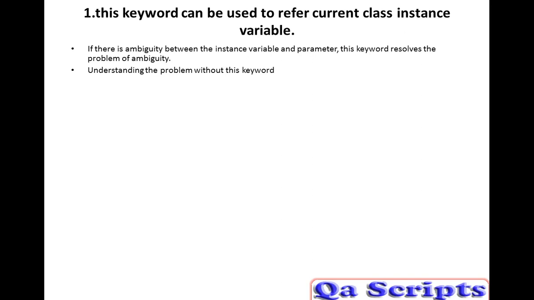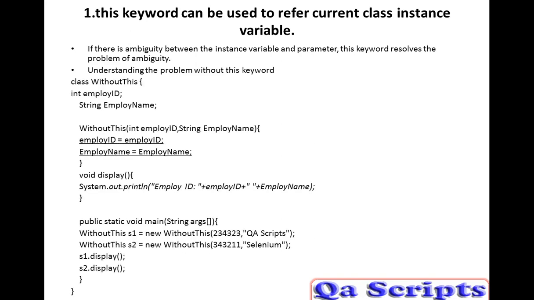First, let us try to understand one simple program where we will not use this keyword. Here is the simple program where I have defined two different variables. One is int employeeID, another variable is String employeeName. I have one constructor here.